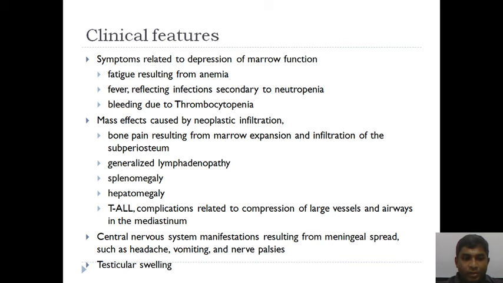T-ALL has a particular predilection to present as a mediastinal mass, what we call a lymphoblastic lymphoma. When there is this mass present in the mediastinum, it leads on to mass effects, especially compression of large blood vessels in the thorax, leading on to what we call vena cava syndromes, especially in the upper limbs and in the face, leading on to engorgement of blood vessels.